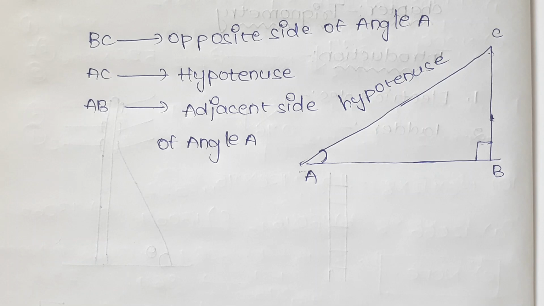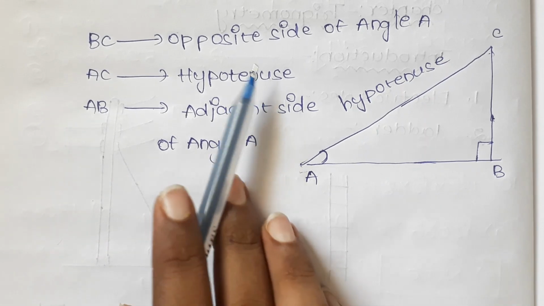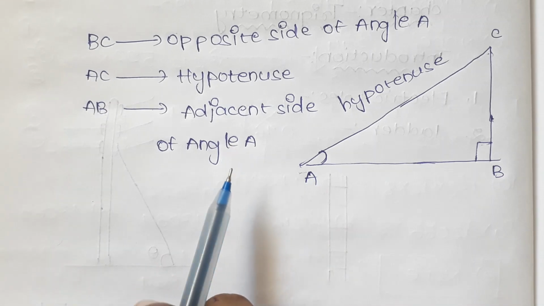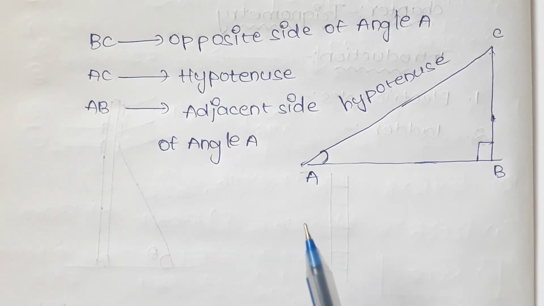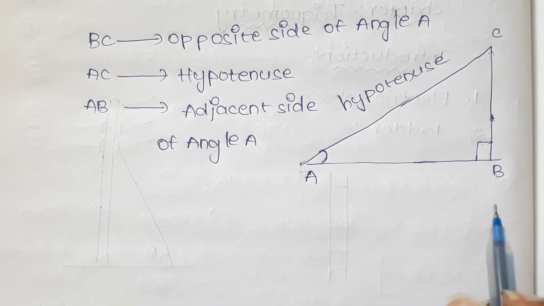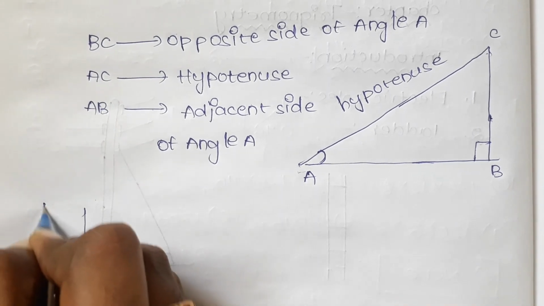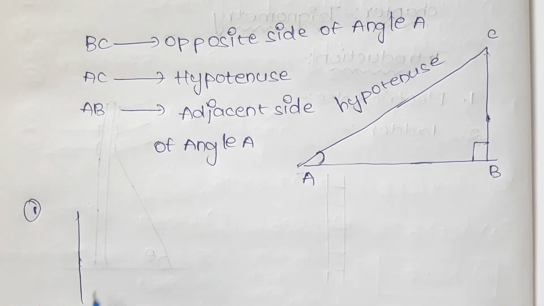And now let us identify these hypotenuse, opposite side and adjacent sides for the given angles in a triangle. Now let us take a triangle.